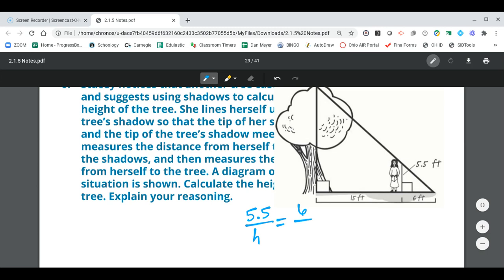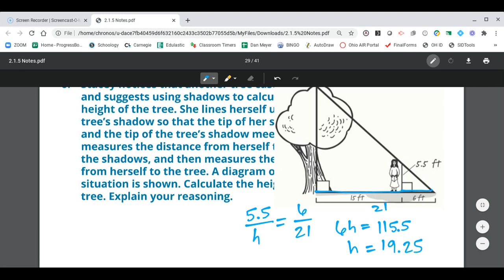If you notice, the bottom from here to here is 15, and then the rest is 6, so the entire base would be 21. From there, we cross multiply. We get 6h equals 21 times 5.5, which is 115.5. Divide both sides by 6, and we get 19.25.